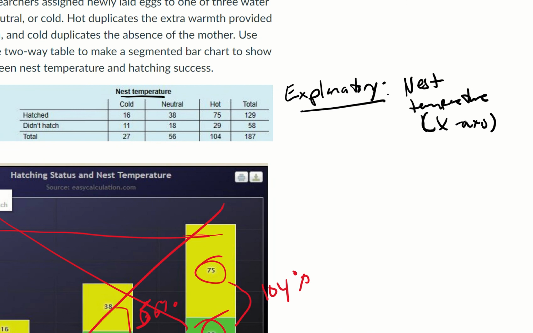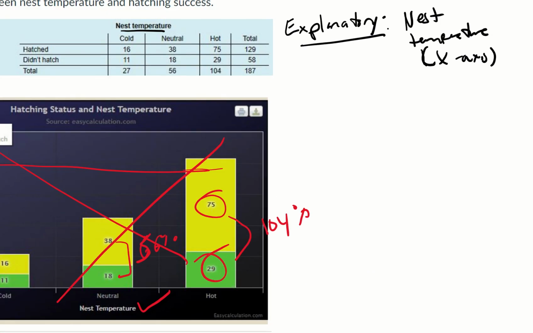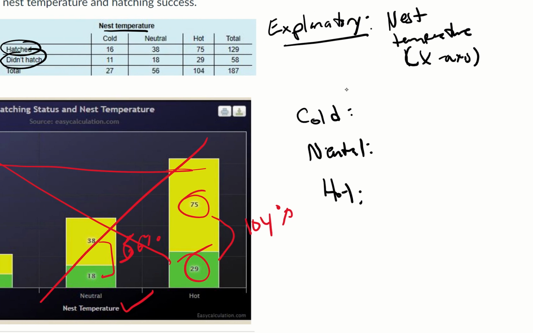And so we know that explanatory is the nest temperature, and so our categories in this case have to be whether it's hatched or not. Those are my categories. Okay, so let's go ahead and do the nest temperature. So we have cold, neutral, and hot, and we want to calculate the percentages for those. So for hatched versus not hatched.